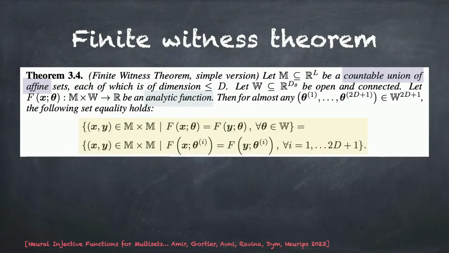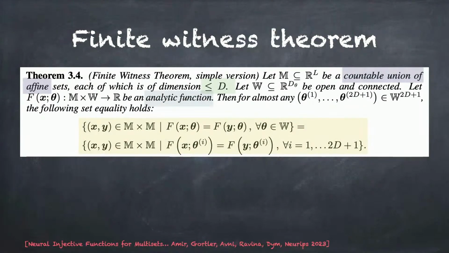There are also some assumptions on the domain. I wrote a countable union of affine sets, but this is mostly because that's something we understand. It's certainly true for any vector space or a countable union of vector spaces, but it's basically true for any reasonable sets: semi-algebraic sets, unions of semi-algebraic sets, sets defined by analytic inequalities and equalities. So it's not so much of a big deal.